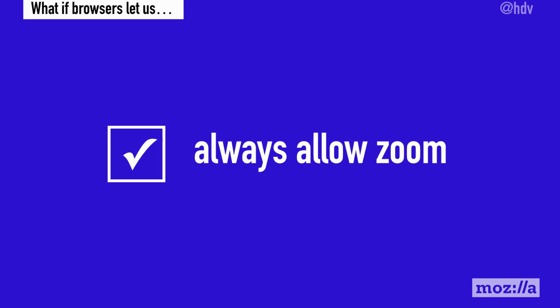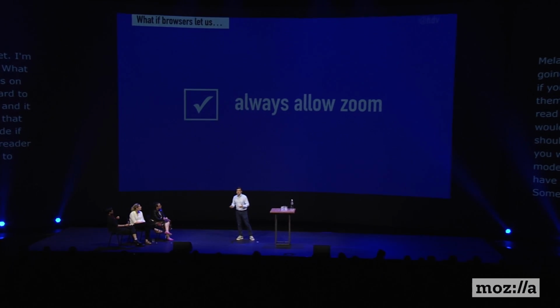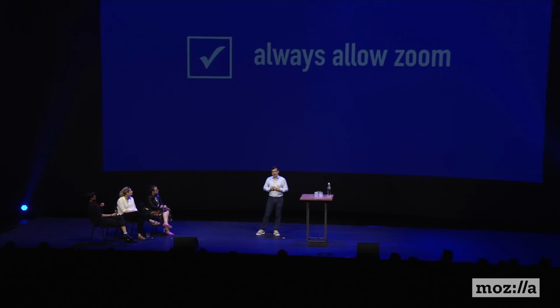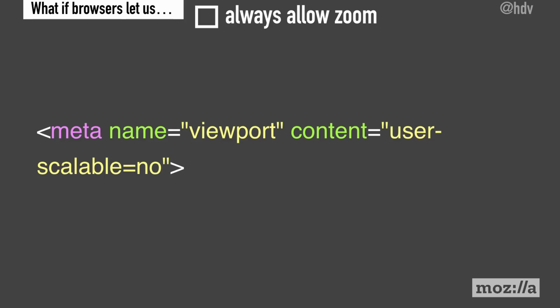Something else that I would love to see in all browsers is to always allow zoom. Because some users with visual impairments need to zoom in the page in order to use it. And there is a viewport meta tag that you can use to turn off zooming. And what that does for those users is it makes it inaccessible because they can no longer read the text that they're supposed to read.